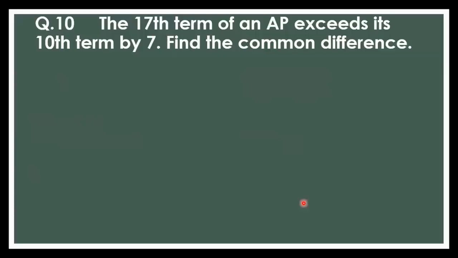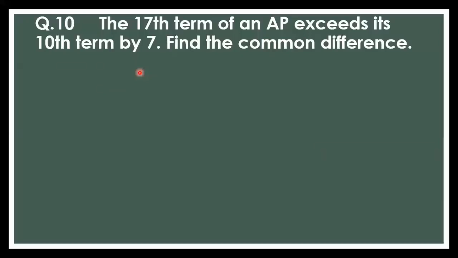Here, what they're asking is the 17th term of an AP exceeds its 10th term. So A17 minus A10. A17 means what? A plus 16D.